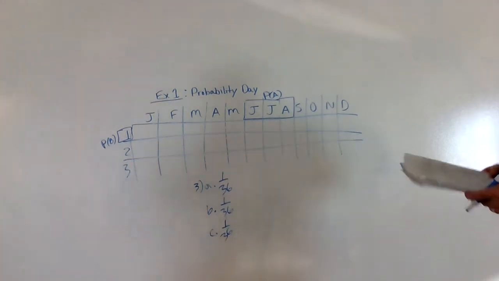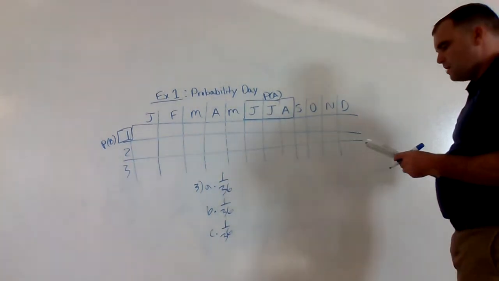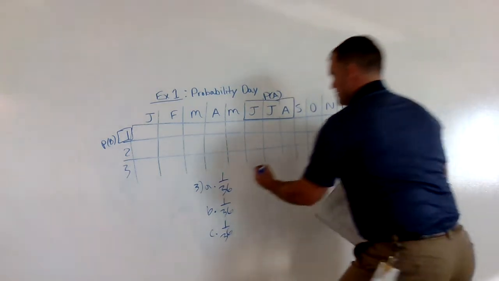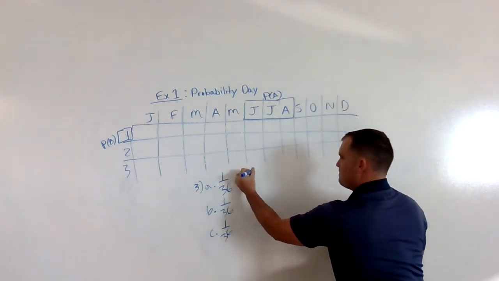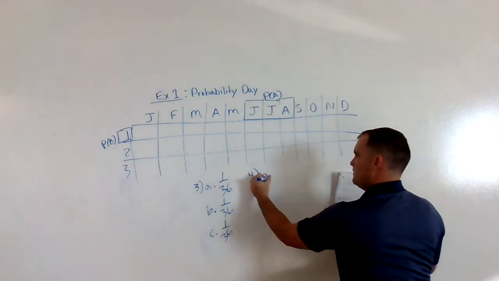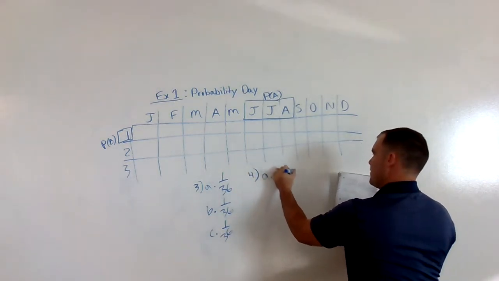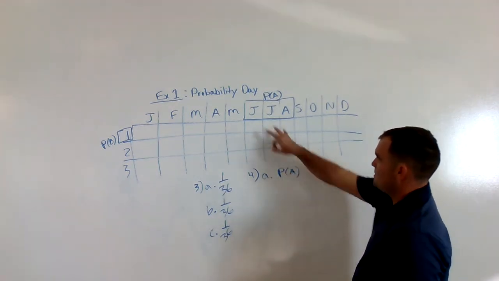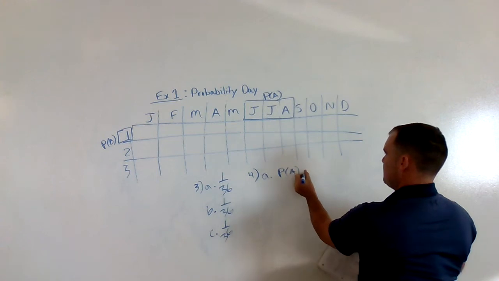So 4A says calculate the probability of A occurring. So what is the probability of A occurring? Well, the probability of it happening in the summer months, well, there's 3 summer months, right?